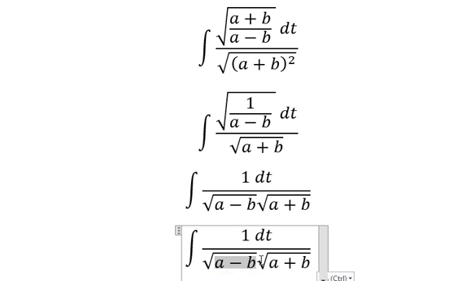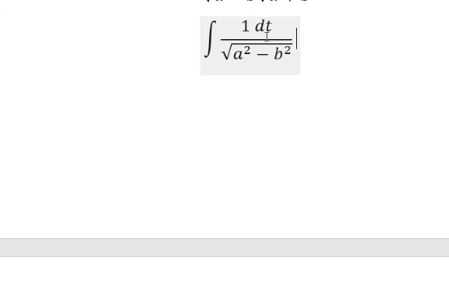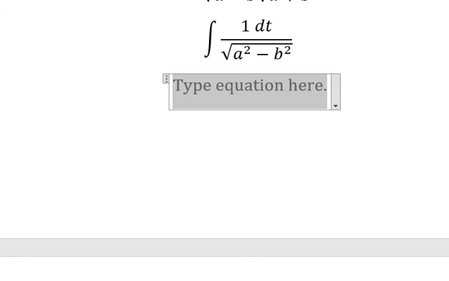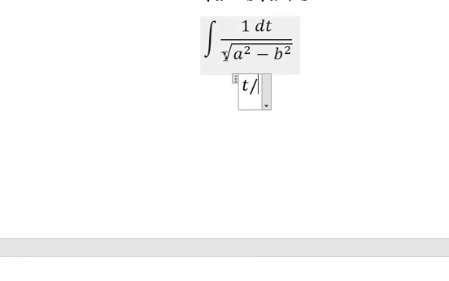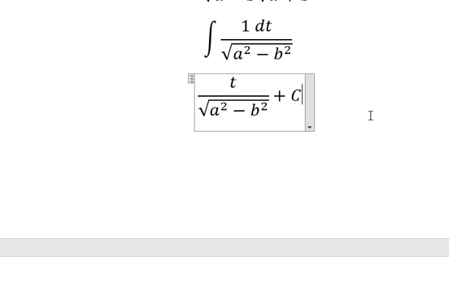This one multiplied by this one, so we have a squared minus b squared. The integration of dt, you get t over the square root of a squared minus b squared, and we add c.